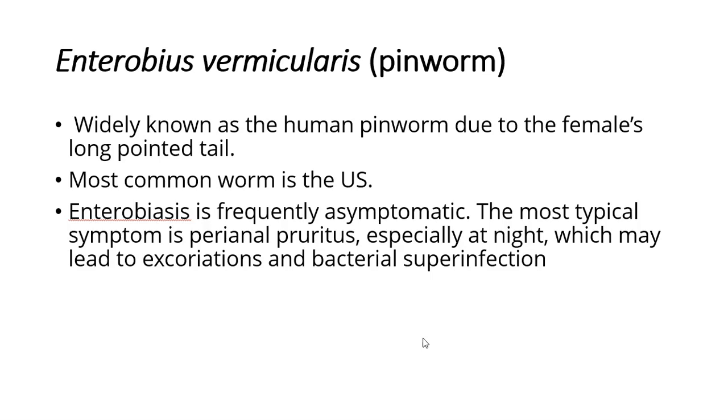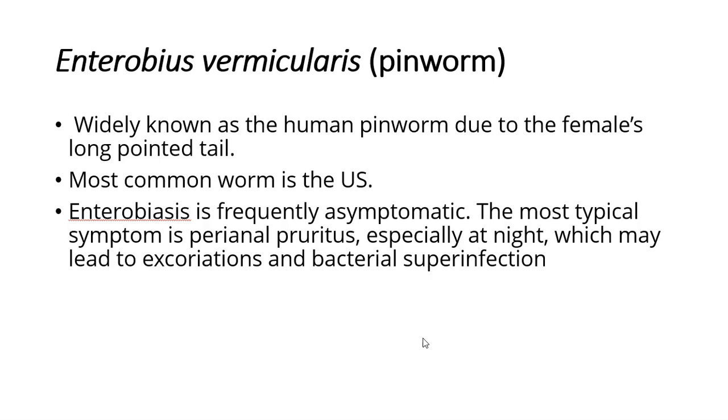So now, those are really the only 3 helminths that I want you to look at. Now we're going to go into nematodes, your roundworms. First one is Enterobius vermicularis, or the pinworm. It is widely known as the pinworm due to the female's long pointed tail.